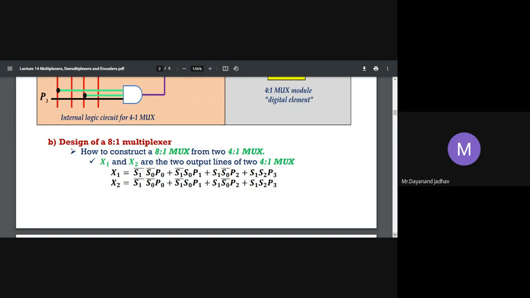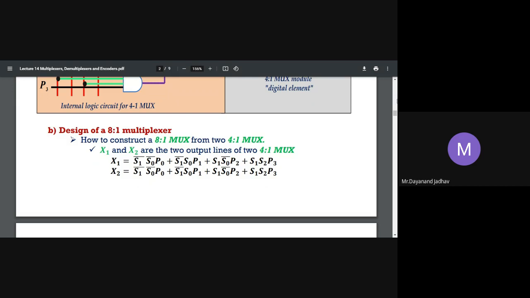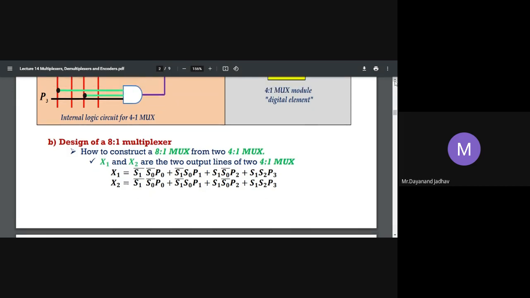First of all, 8 inputs are there. Therefore, 2 raised to m is equal to 8, 2 raised to 3 is equal to 8. Therefore, the number of select lines is 3. Therefore, consider S0, S1, S2, the truth table, and P0, P1, P2, P3 up to P7.